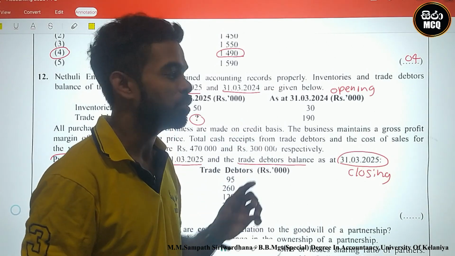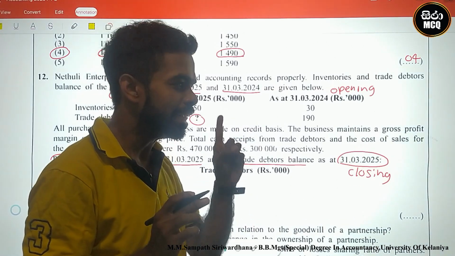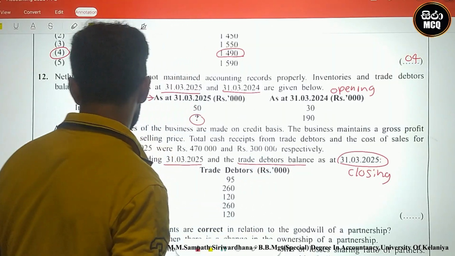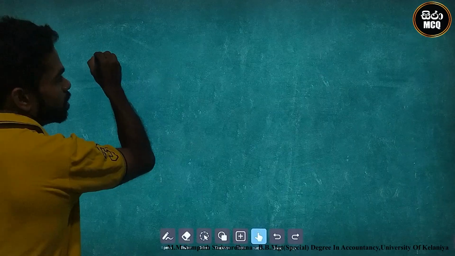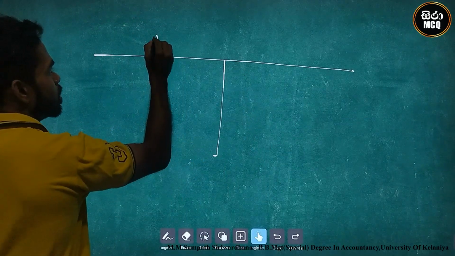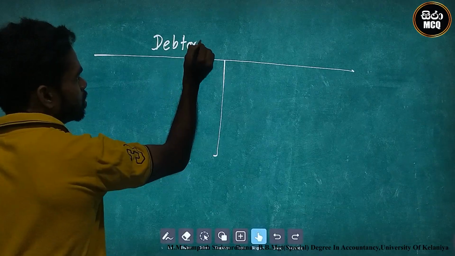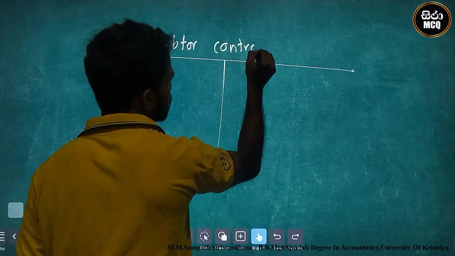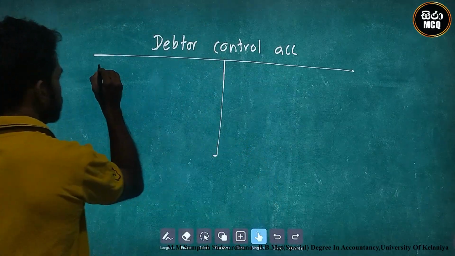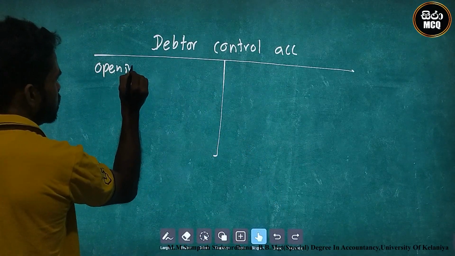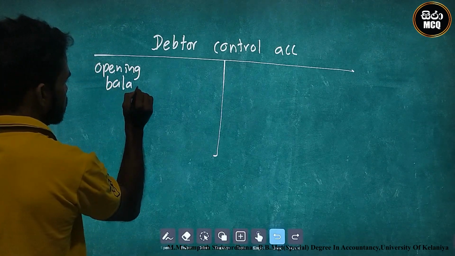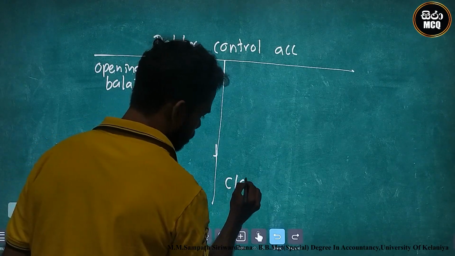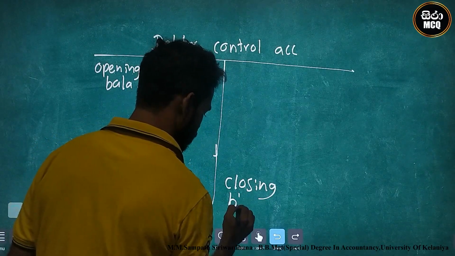We must calculate the closing balance using the debtor control account. I prepared the debtor control account on another page. This is the debtor control account. The opening balance is there, and the closing balance is there.